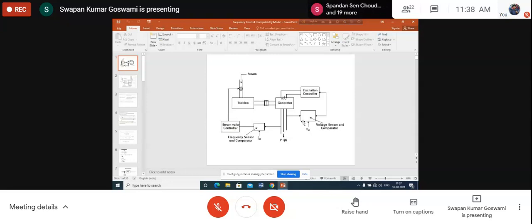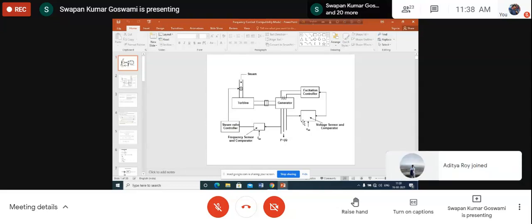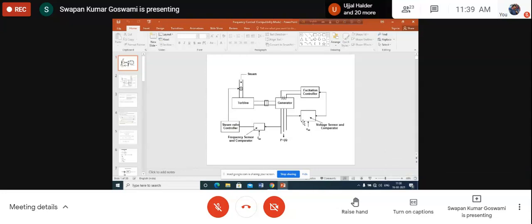Okay, you can use a DC generator, no problem. But the problem is that a DC generator is somewhat problematic. Why? Because the commutator is there, and whenever a commutator is there, there will be the problem of sparking.